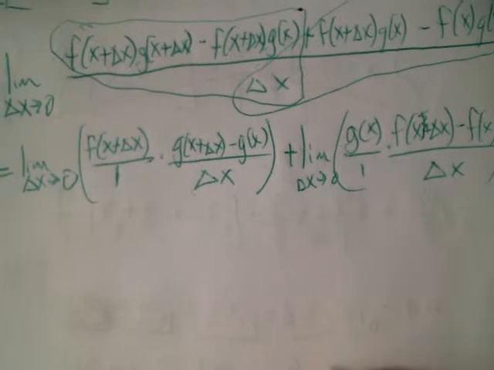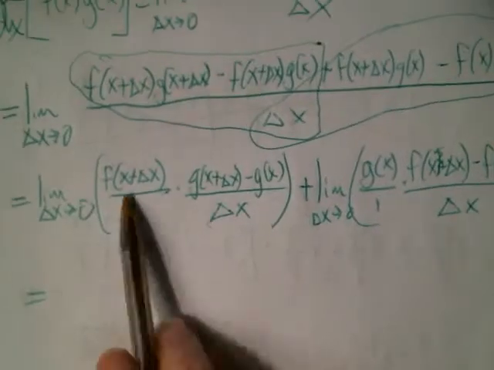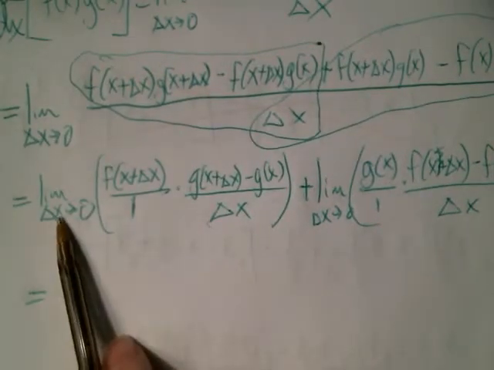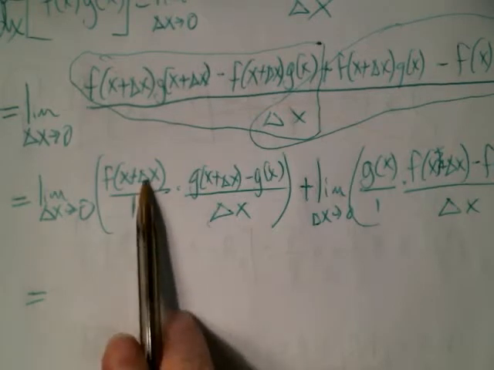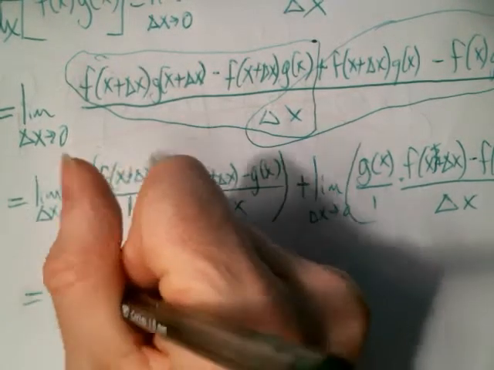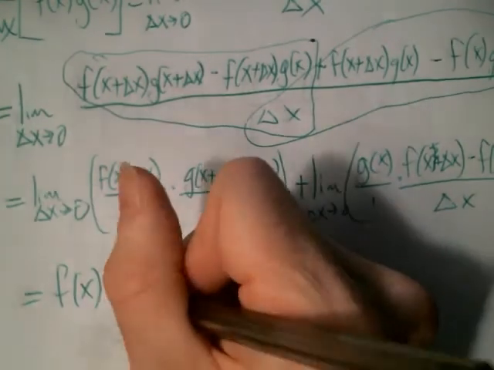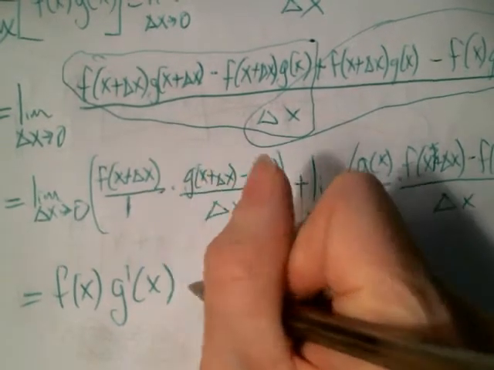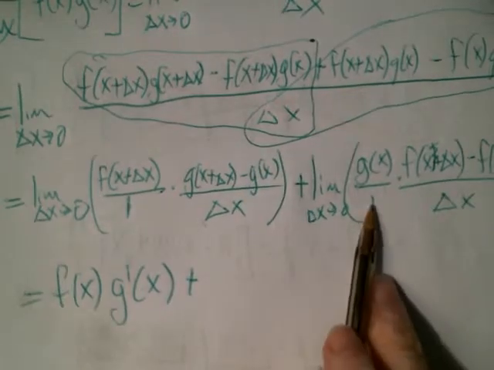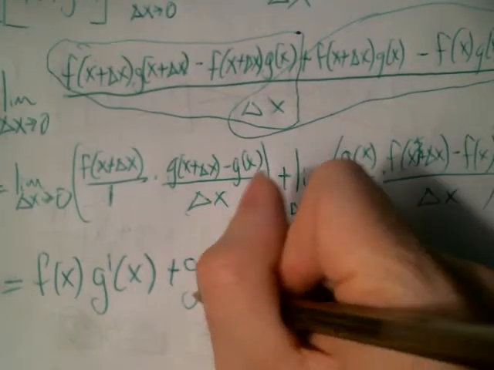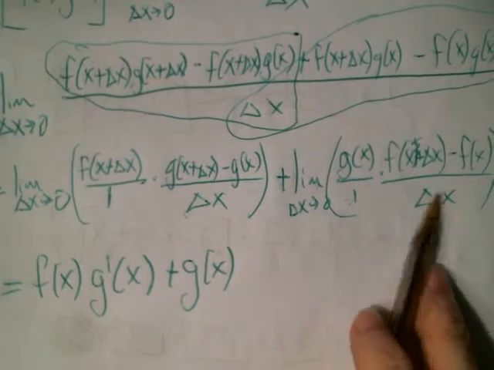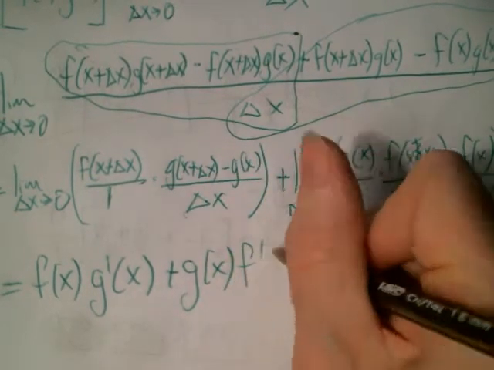Right? So anyways, the limit as change in x goes to 0 of this thing, if you plug 0 in for change in x, you just get f of x. Okay? And then this part of it is just the derivative of g of x. And then over here we have g of x. And then this portion is the derivative of f of x.